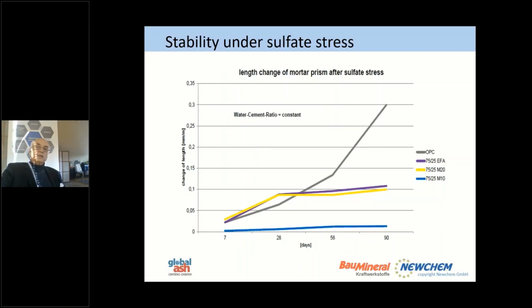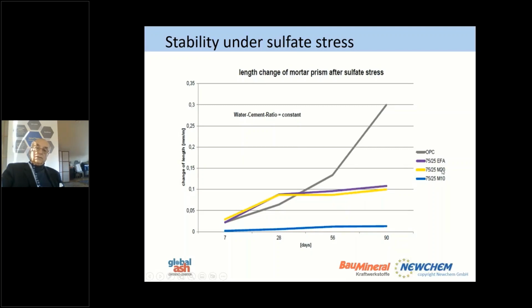Now, here we measured the stability under sulphate stress, and you can see that with an ordinary Portland cement, you have a change of length which is very high. If you replace 25% with a normal fly ash, you are lowering it a bit.